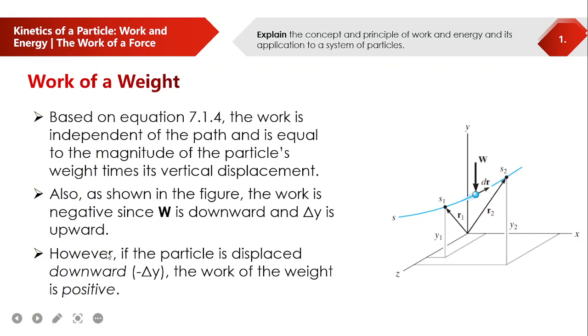Kasi nga, negative times negative, di ba? Positive. So, your work will be positive na, kasi pa-downward din yung displacement mo. So, there's work positive there, kasi nga same yung direction ng force natin tsaka sa pag-displace ng particle natin. So, that makes sense also.